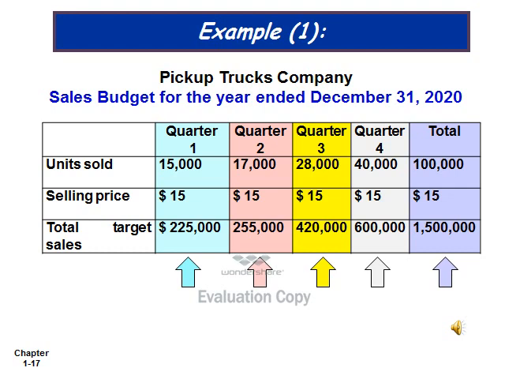In quarter 4, units sold is 40,000 times 15, the result 600,000. The total units sold is 100,000 times selling price per unit $15. The result, total target sales, is 1,500,000.